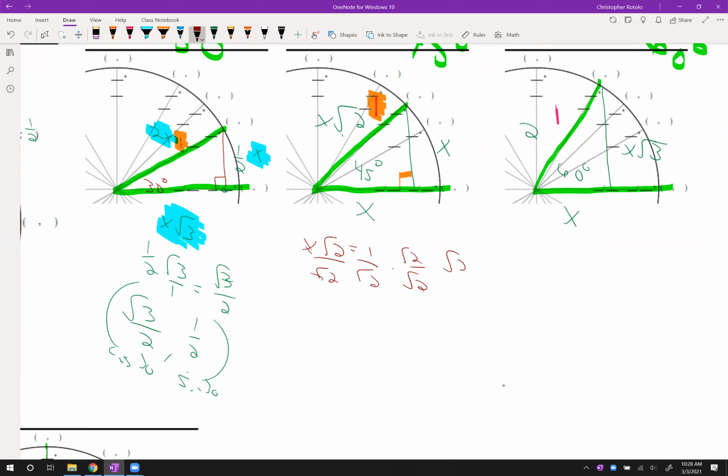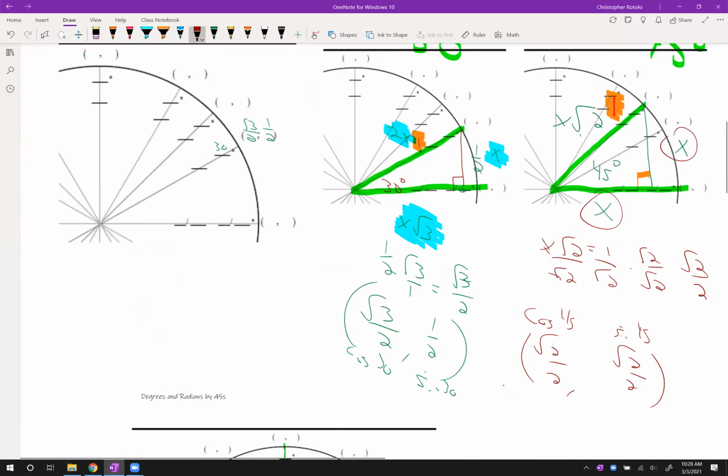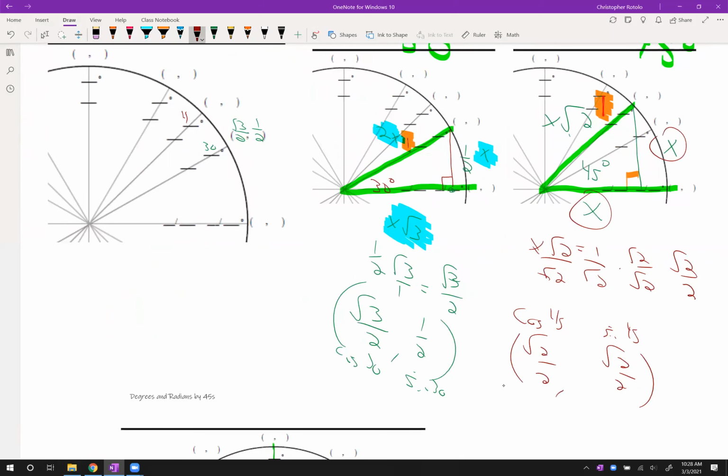It becomes root 2 over 2, and that gives me my cosine of 45, root 2 over 2. Sine of 45 is the same, root 2 over 2. So over here at 45, it's root 2 over 2 and root 2 over 2.